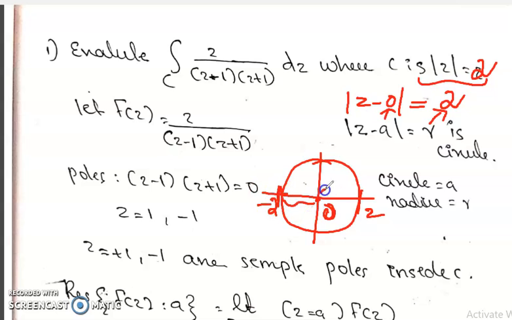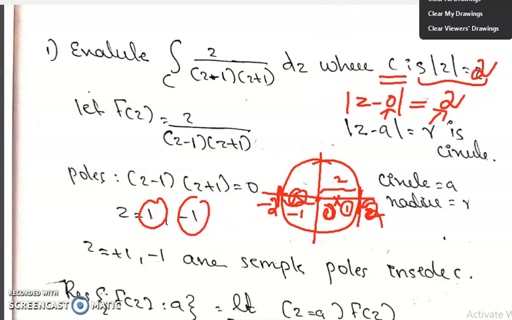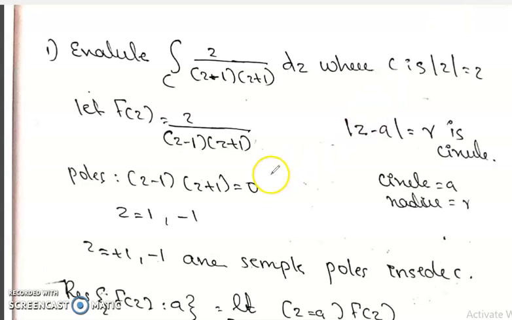Now what about 1 and minus 1? At this point we can plot 1 and at this point we can plot minus 1. So both 1 and minus 1 lie inside the curve C. This is our circle C with radius 2, so this point is 2 and this point is minus 2. 1 and minus 1 lie inside the curve C. We can also verify: modulus of z is equal to 2.